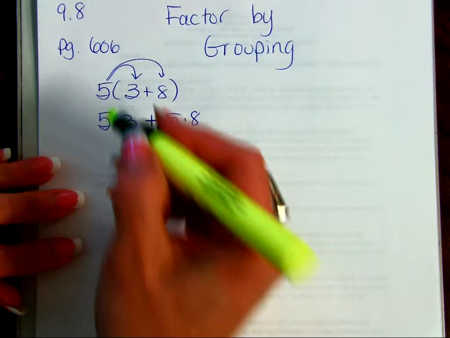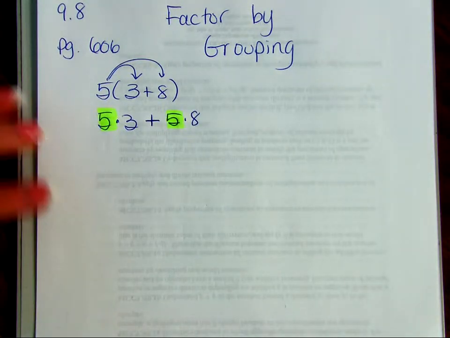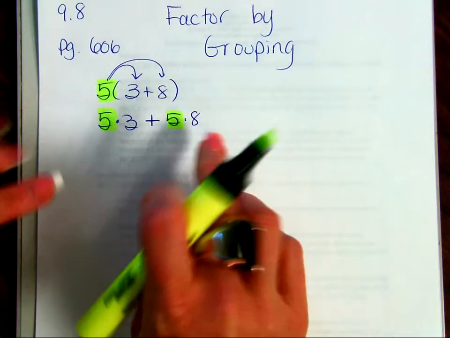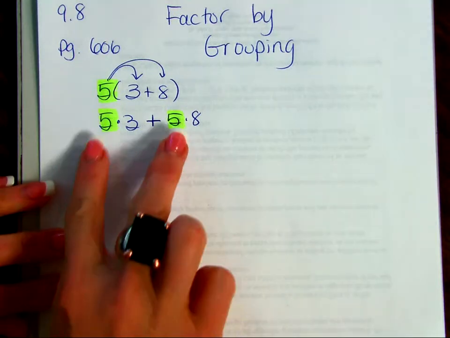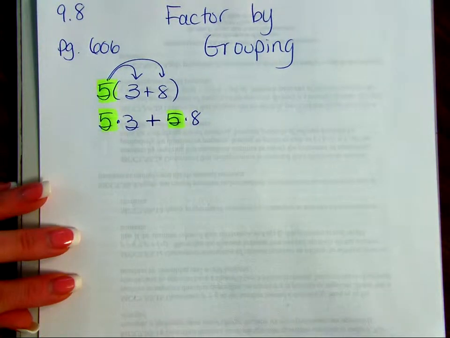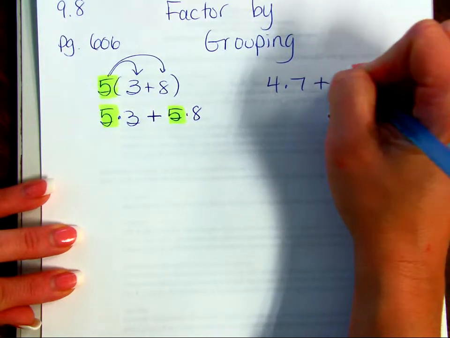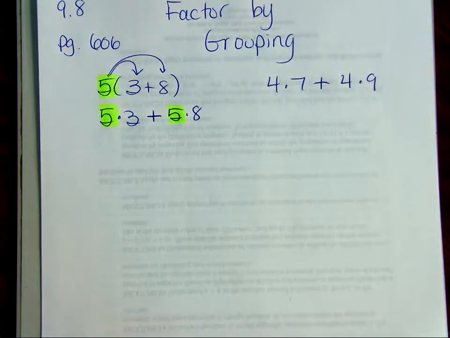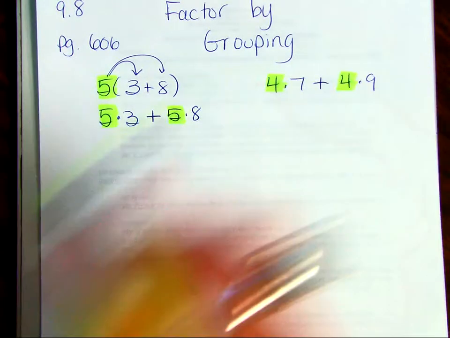So do you see that what they have in common is a 5? If they have the 5 in common, you really only need to write that 5 once. And then after I pull that 5 out, it's 3 plus 8 that's left, correct? So if I had 4 times 7 plus 4 times 9, what do you see that they have in common? 4.